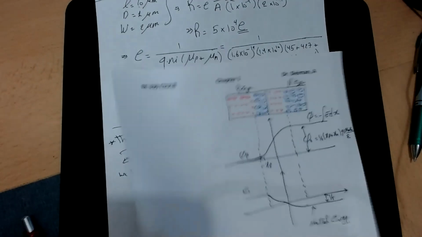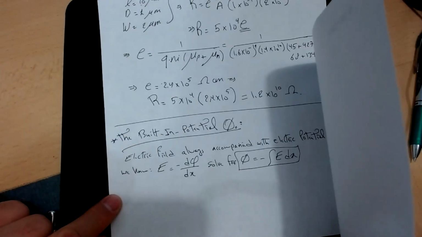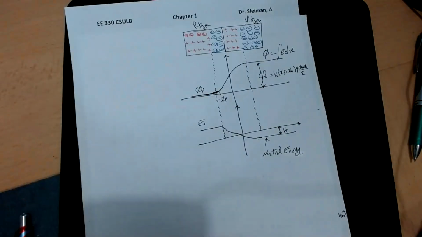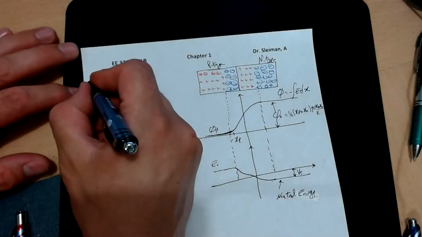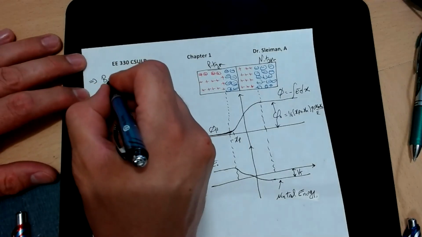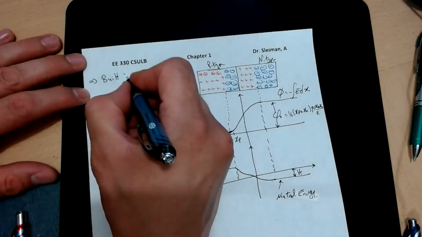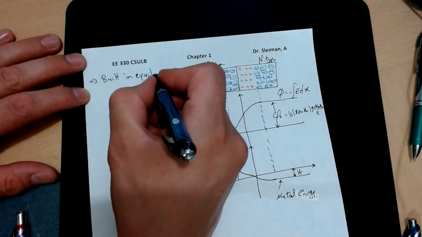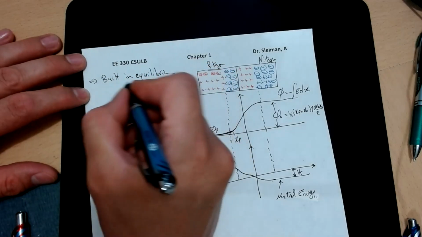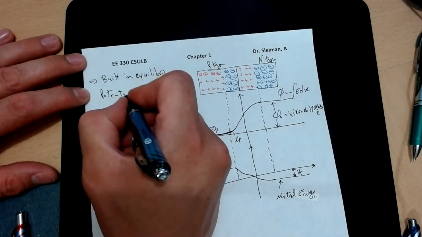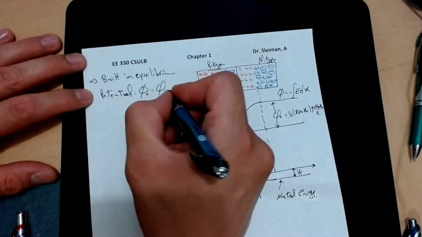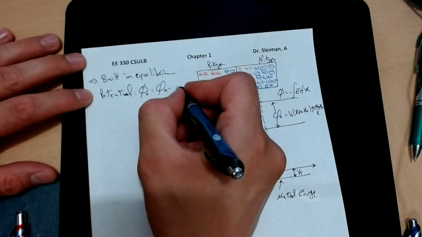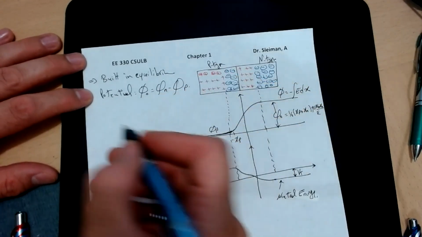So to continue the integration, the built-in equilibrium potential phi 0 is equal to the potential on the n-type minus the potential on the p-type.